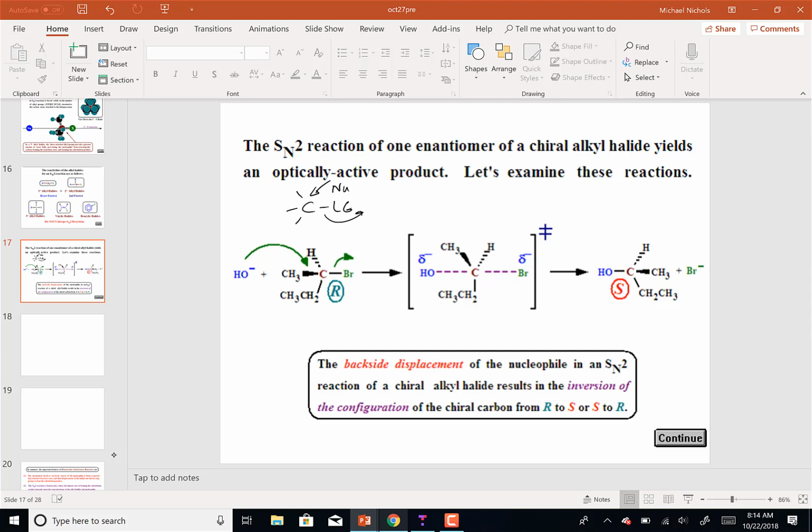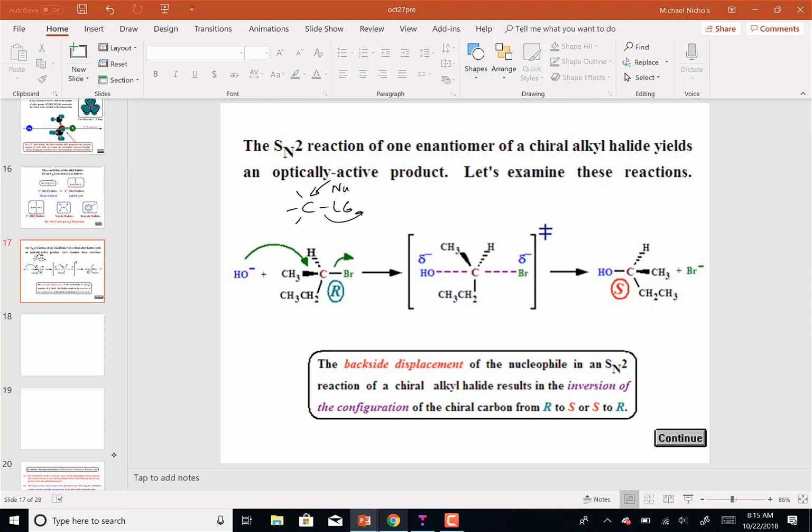The experimental evidence is that if you take the R 2-bromobutane and react it with hydroxide, the first question you need to ask is, is the product optically active? Because if it rotates plane polarized light, then that means the product contains maybe only one enantiomer, but it certainly contains a majority of one enantiomer. So the first thing they did was test it, and the answer is yes.